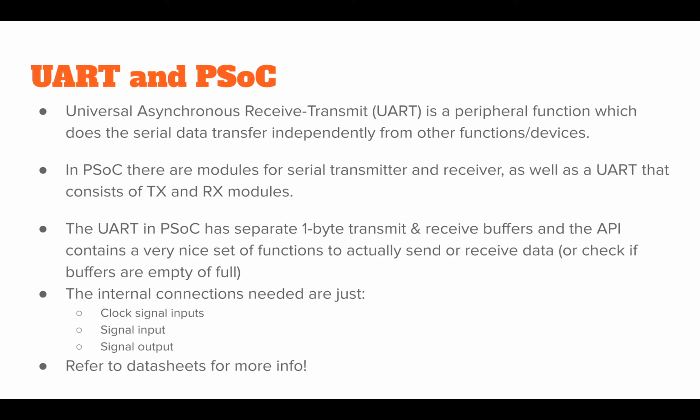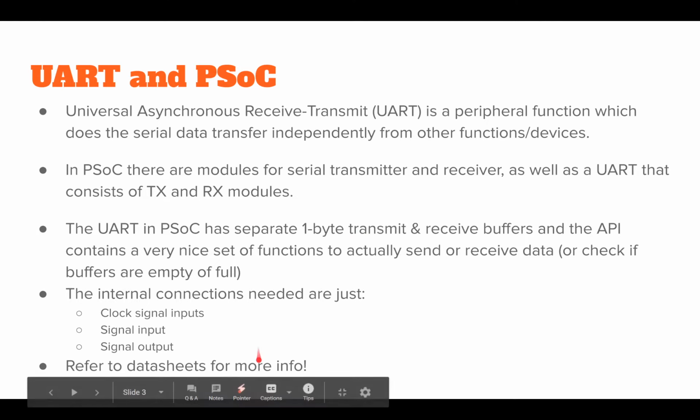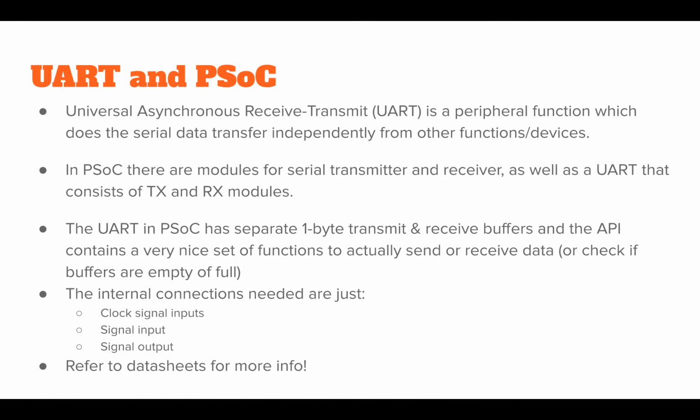And basically for running the UART you just need to configure it correctly. The datasheet of course has more information on how to, and you already have done the parameterization of this UART component.